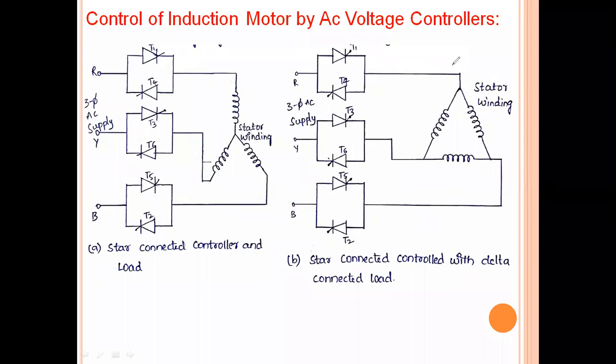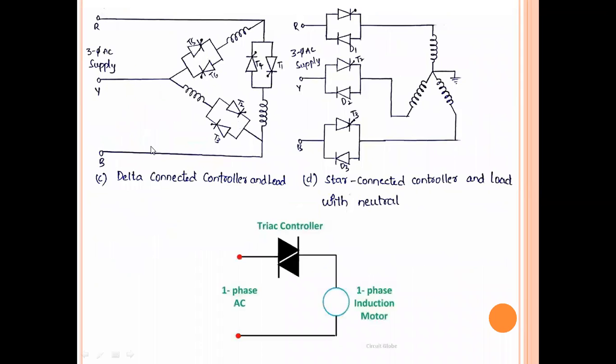And not only these two, you can see figure C, which is a delta-connected AC voltage controller with the delta-connected load. You can observe here R phase, Y phase, and B phase, and these are the stator windings.